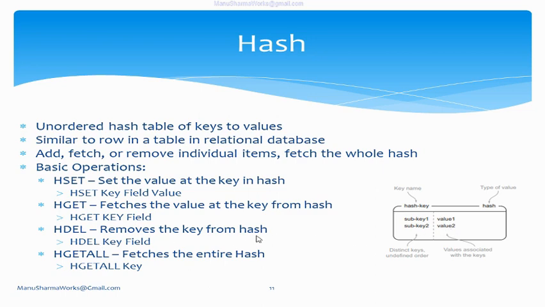And in order to remove a particular field from the hash, use HDEL key field. To get all the fields of the entire hash key, use HGETALL, and it will return all the key value pairs of that particular hash key.